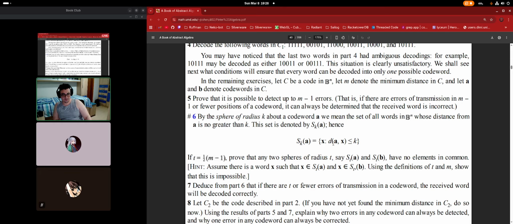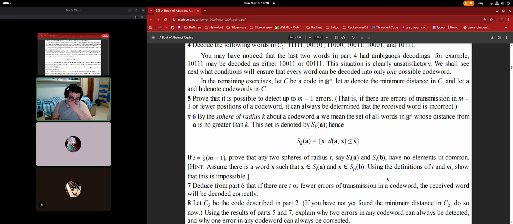So it's essentially saying that S_k(A) is all the pairs between the code word A and another sequence of bits in which the distance between those two is less than or equal to k. All of these we're putting in a named set, S_k(A). But if we make a t using m, the minimum distance, we have to prove that any two spheres of radius t have no elements in common.